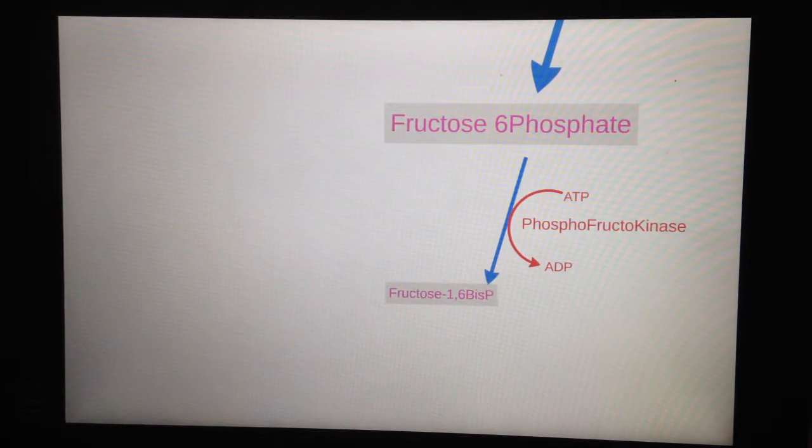So stay tuned. You might have noticed that phosphofructokinase also has the name kinase, so you can guess that this reaction is also going to expend 1 ATP. Moving on to the next step.